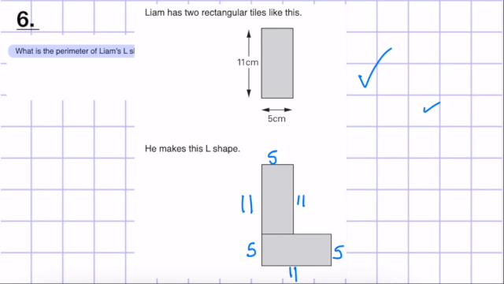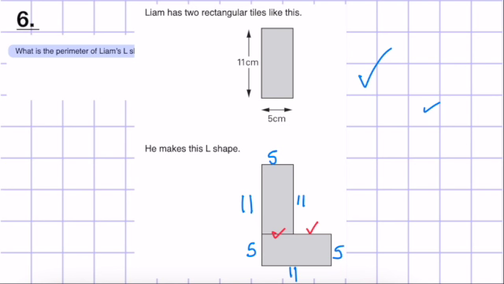Now, we have an issue here because this bit here that I've ticked, this is a little bit trickier. Now, I know that the long side is 11, but it's not all of the side, it's just part. But if you look at this bit here that I've ticked, the second tick, that is 5.